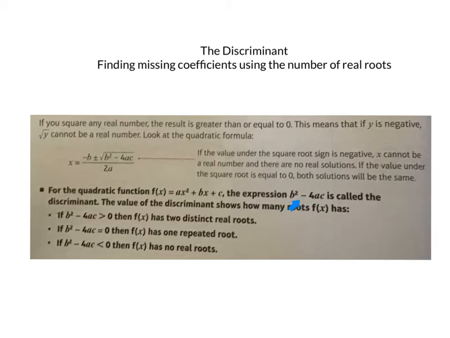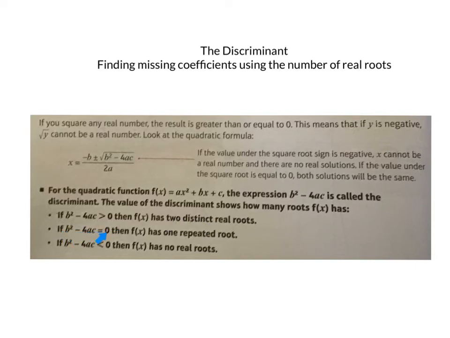Now, if b squared minus 4ac is greater than 0, we have a number more than 0, and we'll have two square roots, a positive and a negative. Therefore, there'll be two distinct solutions to the equation, and we get two real roots.